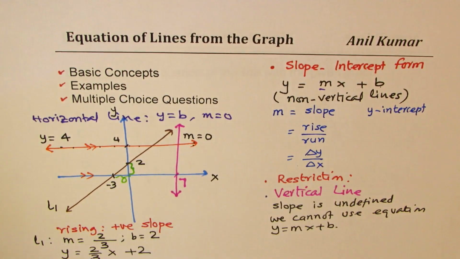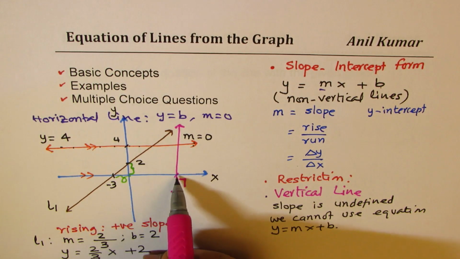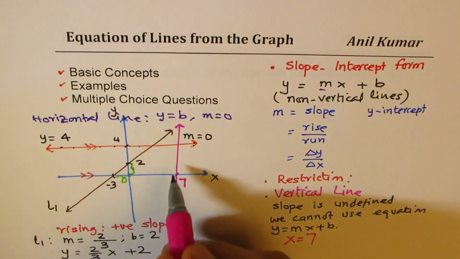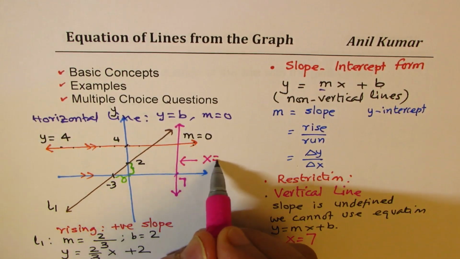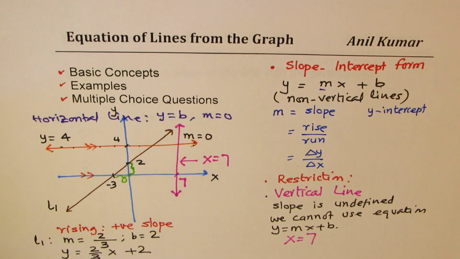So that is the restriction. How do I write equation for a vertical line? That's a big question, right? We use the x-intercept. X-intercept is 7. We can say x equals 7 is my vertical line. So I could always write this equation as x equals 7. Every point on this line has a value of 7 for x. So that is how you get equation of a vertical line.